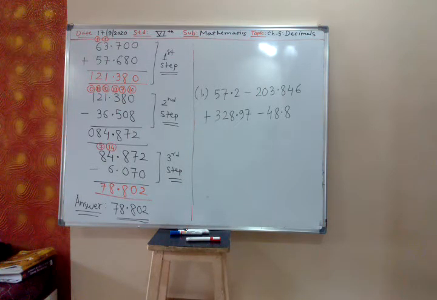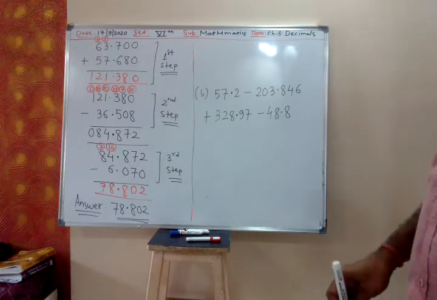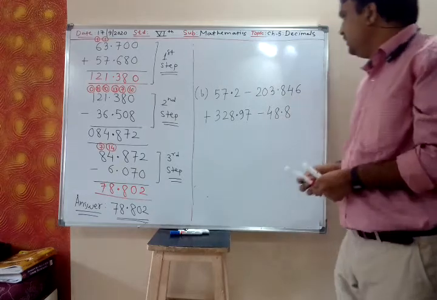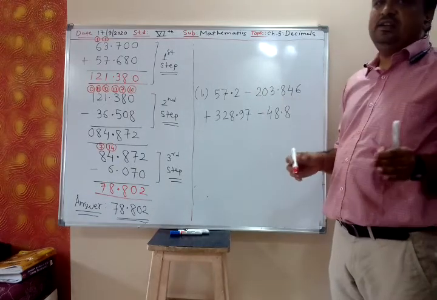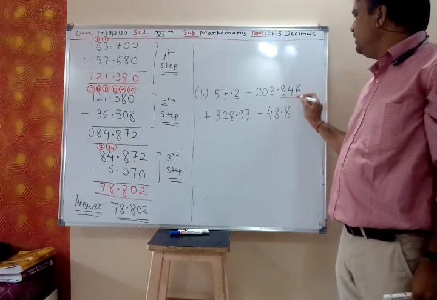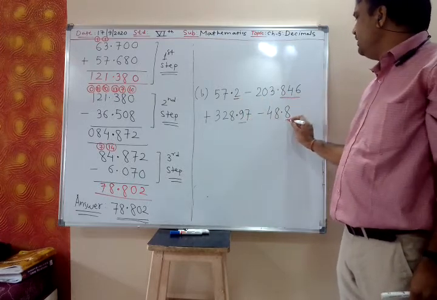57.2 minus 203.846 plus 328.97 minus 48.8. Let us check whether they are like decimals. After the point there are 1 digit, 3 digits, 2 digits, 1 digit.